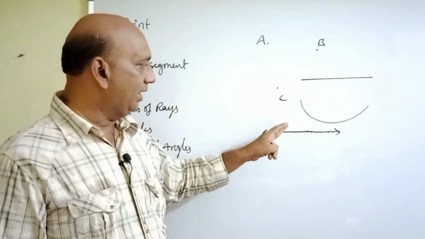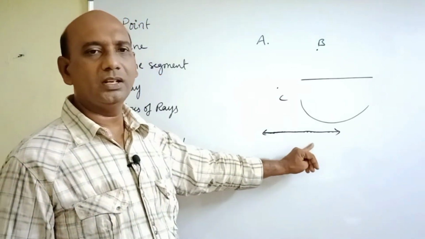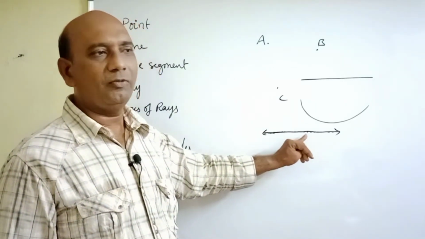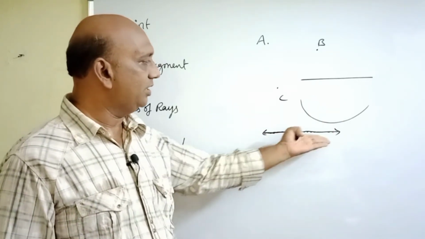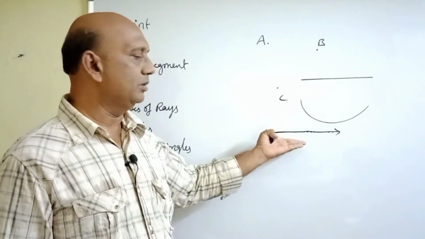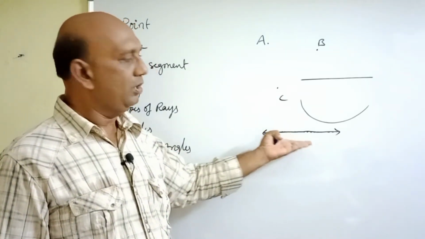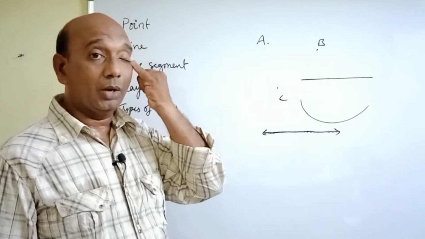This is the definition of line. A line is a set of infinite number of points which extends indefinitely on both sides. It can extend on both sides indefinitely, continuously. So there is no limit of these points. We can go on plotting continuously on both sides.